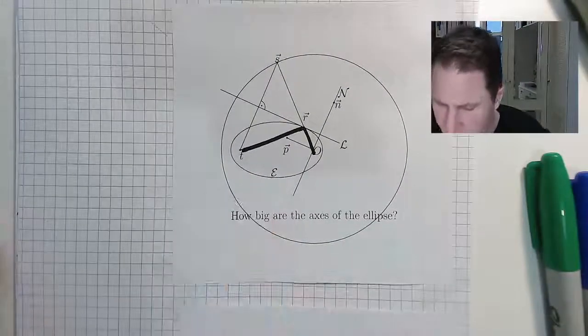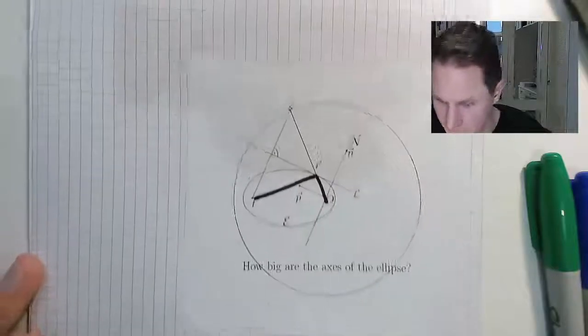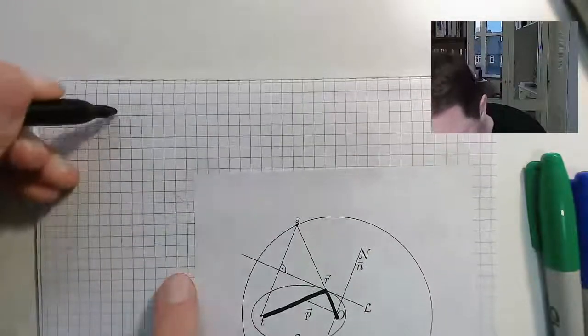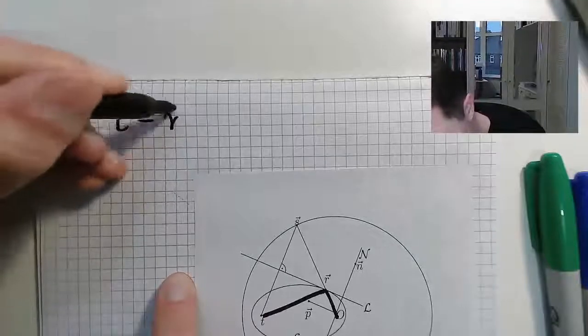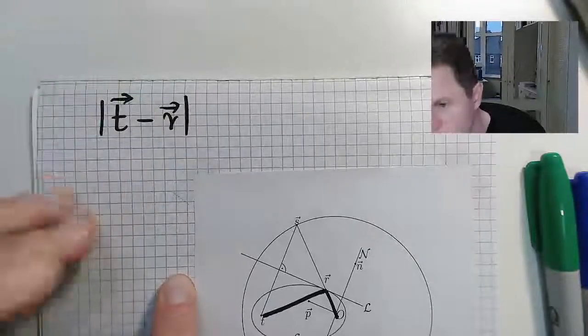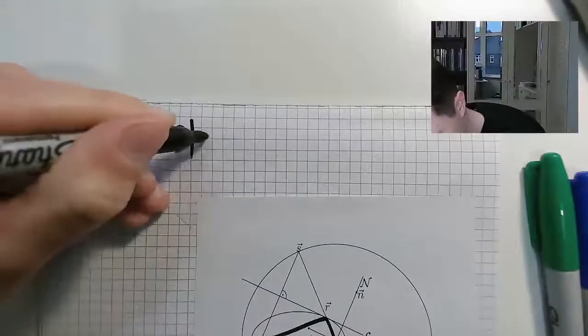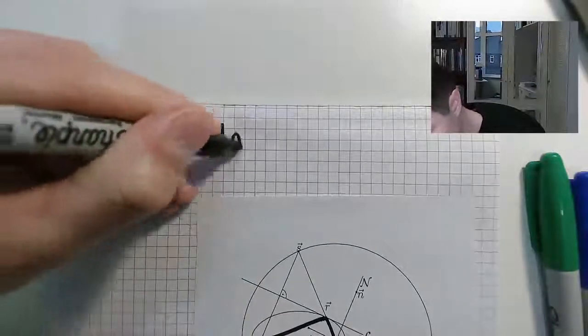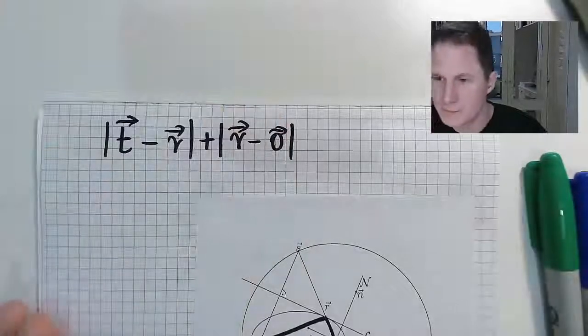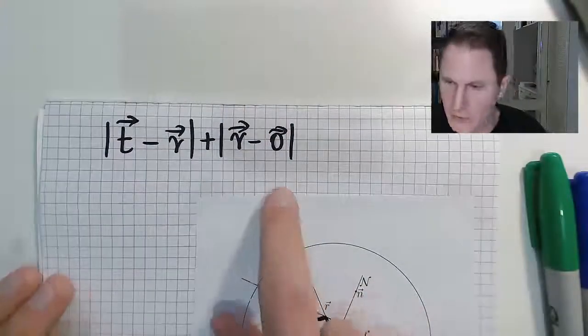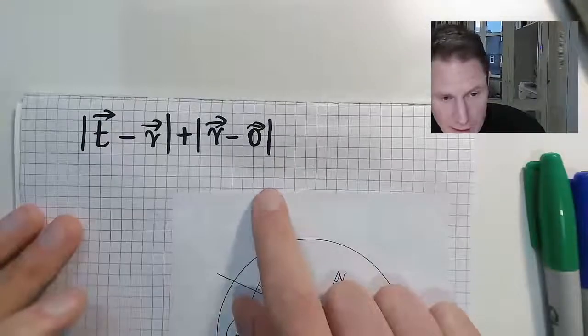So this is why we get here an ellipse. Let me first tell you about t minus r, the length of t minus r, plus the length of r itself, well, from the origin. The distance of r from the origin is the length of r.